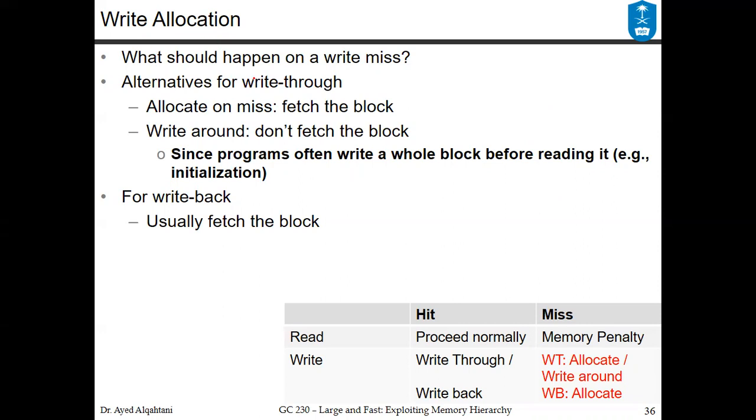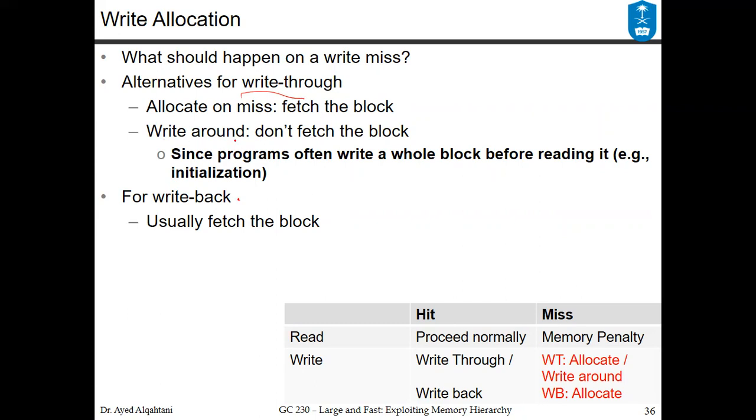So what should happen on a write miss? This is the alternative for the write through, and there are alternatives for the write back. Actually, for the write back, you have one method, and that's it. But for the write through, you have two choices. Either you are allocating on the miss, which means that you fetch the block from the main memory and also put it in the cache.